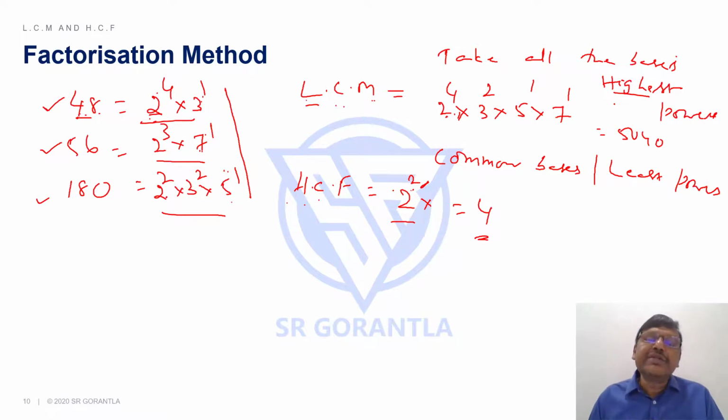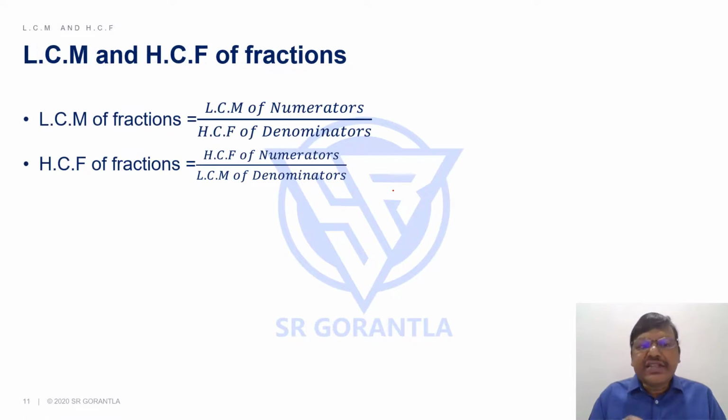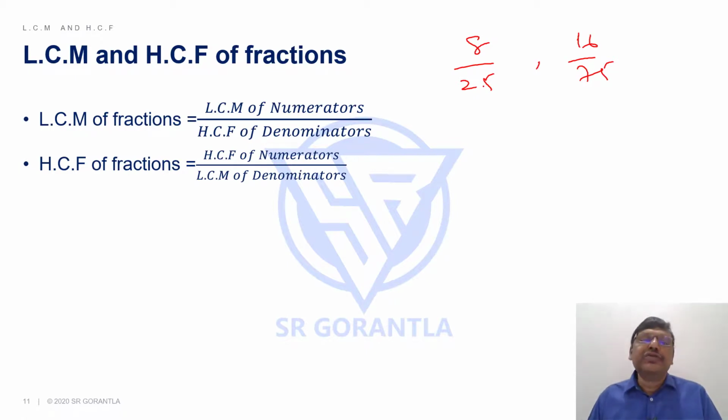Then the next question comes, what if they are fractions? Students, this is the formula for LCM of fractions: LCM of numerators by HCF of denominators. Same formula, you can see, slightly changed. HCF of fractions means HCF of numerators by LCM of denominators. For example, if I take, say, 8 by 25 and 16 by 75, what is the LCM of these two fractions?